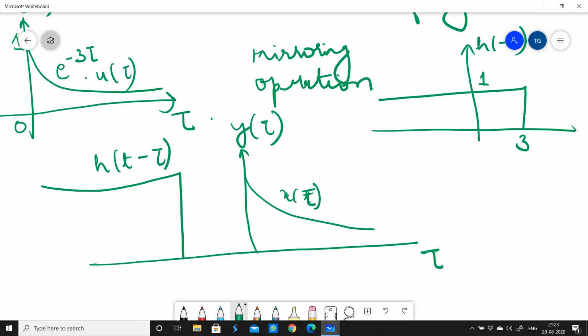So when we multiply these two terms, we can see there is no overlap between these two signals. So when we multiply, the output will be 0.